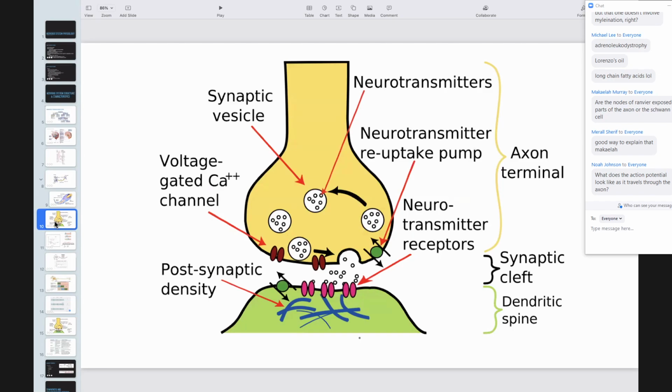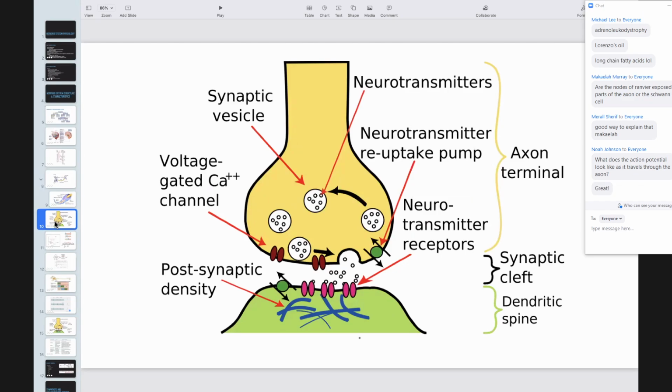We'll get into what the action potential looks like as it travels through the axon. Haven't quite got there yet. We're almost there. But as that action potential, that electrical impulse, reaches the end of our neuron, we reach the terminal boutons, and there's no direct electrical signal that hops from one neuron to another.